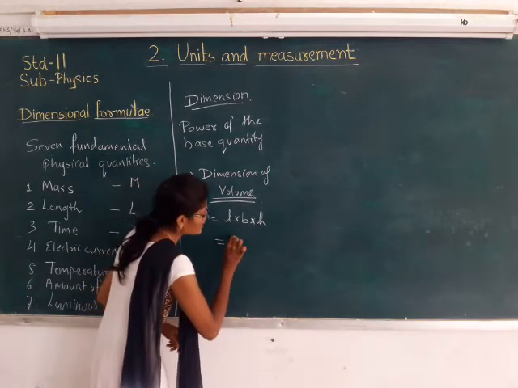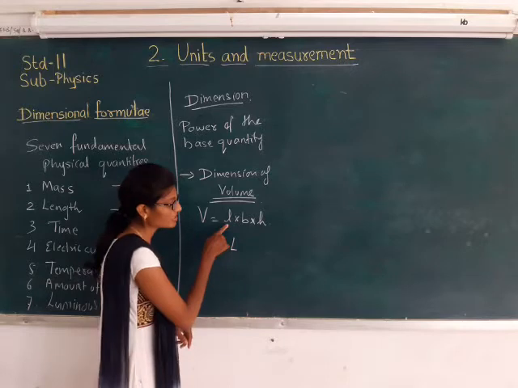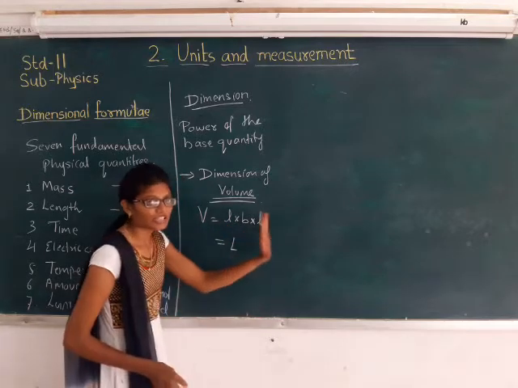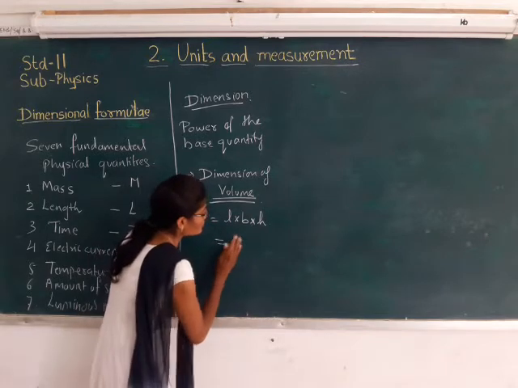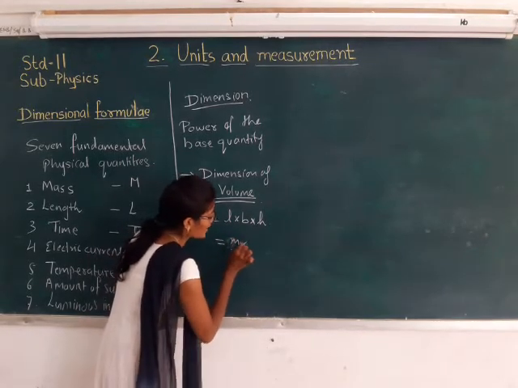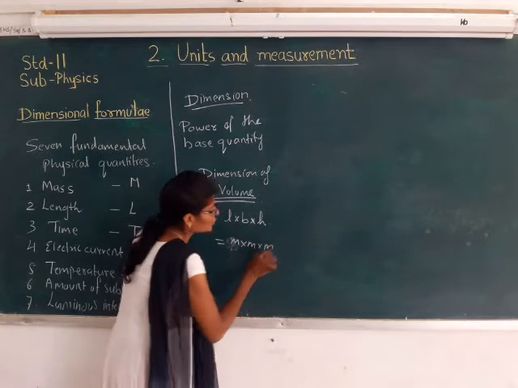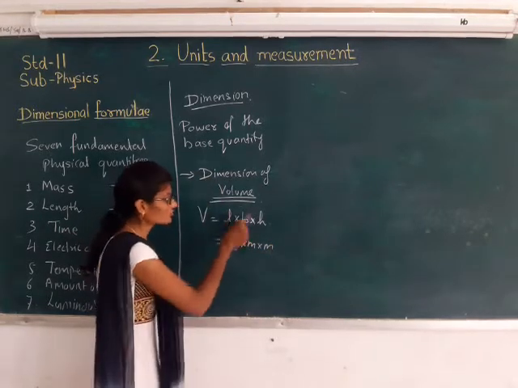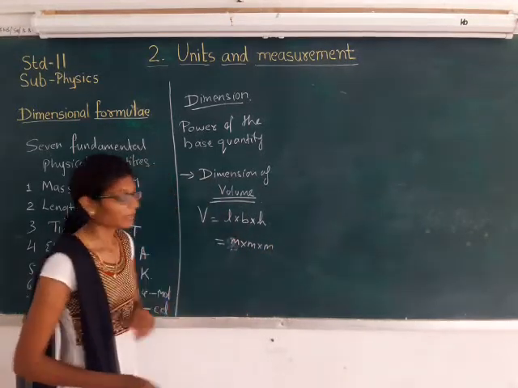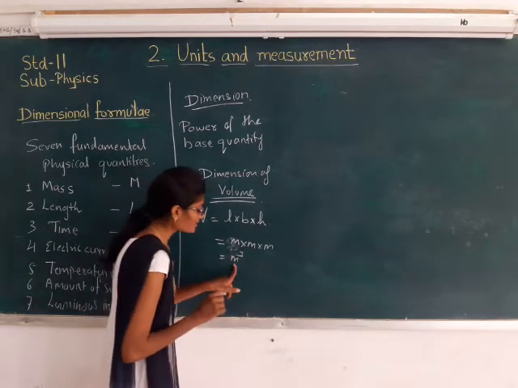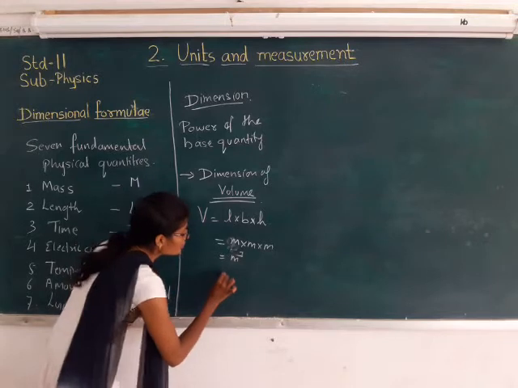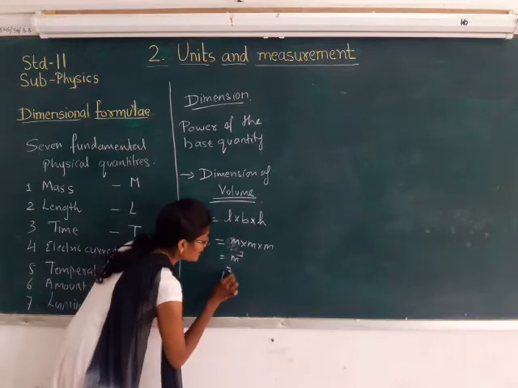It can be written as L, because length, breadth and height, all these three are nothing but length. So its unit will be m into m into m. That is, each of the dimensions has the unit meter. So its unit is meter cube, right? Here the meter is for length. So it can be written as L3.